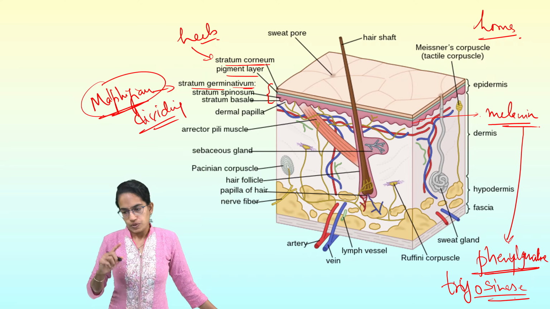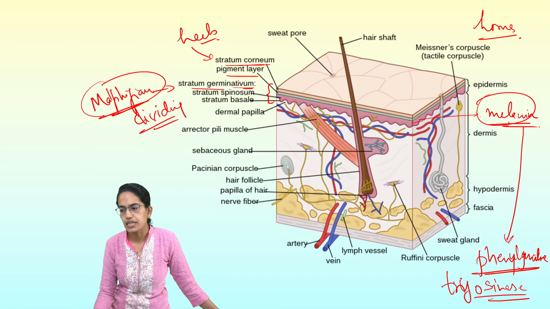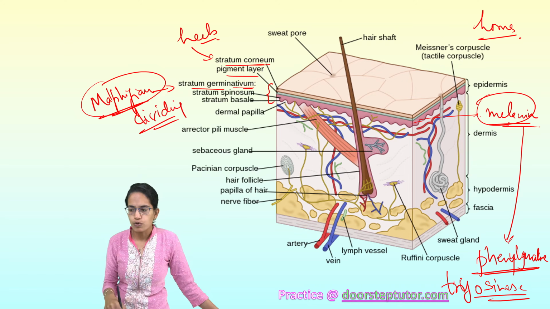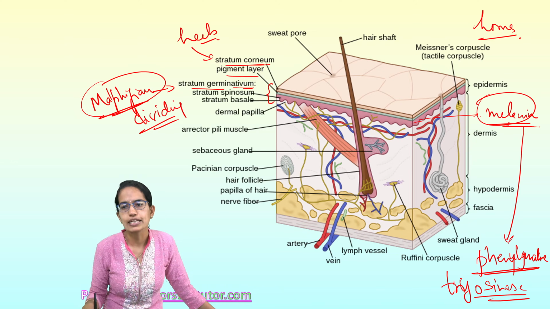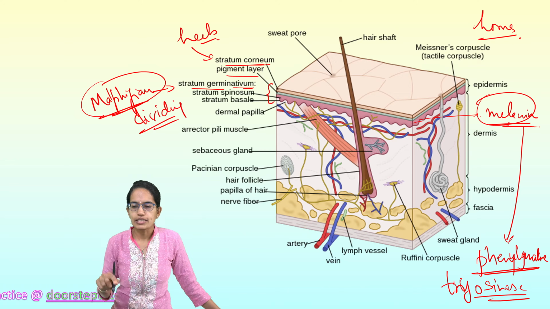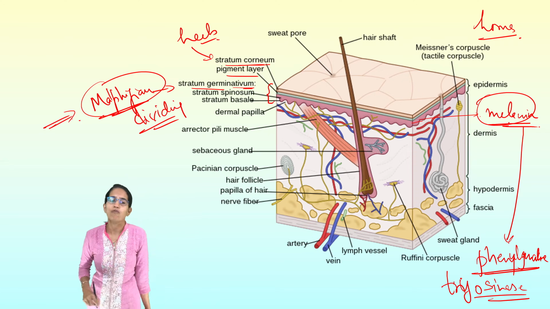Now, the pigmentation varies. People who are living in cold climate have less melanin. That means they have less melanophores, less melanocytes, and the skin color would be relatively light. So that is again an important aspect of the Malpighian layer of the epidermis.